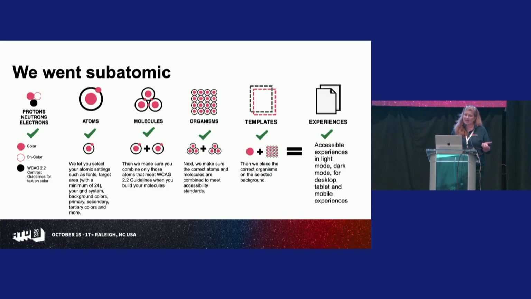But we don't stop there, because we realize that you may have a beautiful blue button and that won't work on every color. And even if it does, when you start pairing colors together, it can create something called color vibration. So even if it meets accessibility requirements, the experience can be quite jarring. So every component is created in your chosen color, but we also render it in black and in white.